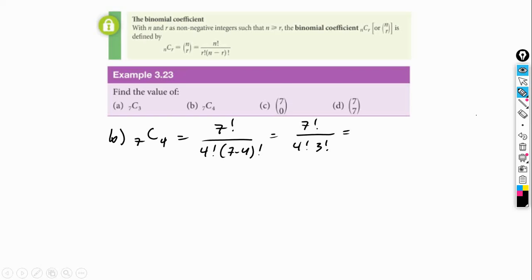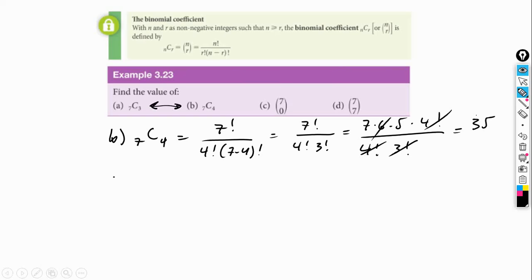So very similar to what we did before, we could say this is 7 times 6 times 5 times 4 factorial. So this over 4 factorial times 3 factorial. We could have this canceled out with this. And as we saw before, 3 factorial is 6. So we're left with 35 again. So notice that that means that these two expressions are equivalent.